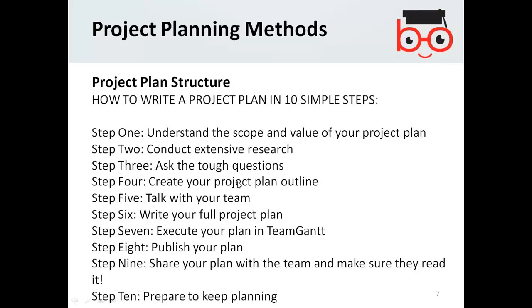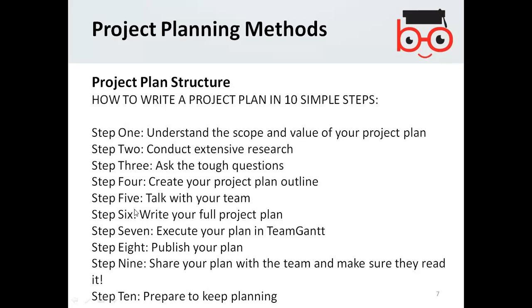Step 4 is to create your project plan outline. If you have certain indications from steps 1, 2 and 3, then you come up with an outline of the project. Then talk with your team. Later on, discuss with your team and then write your full project plan.